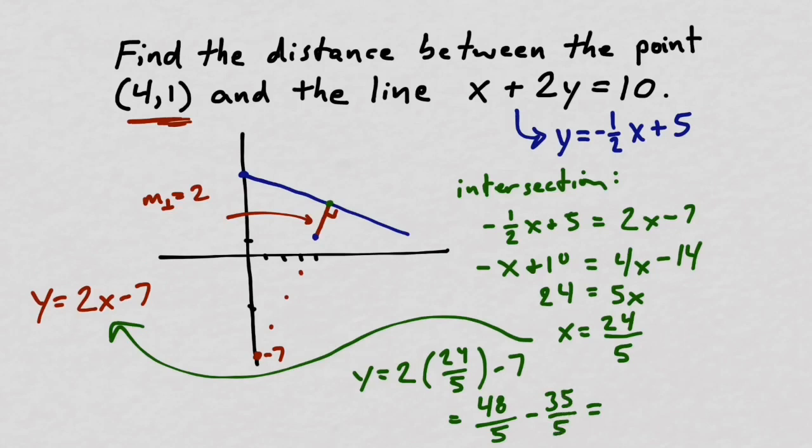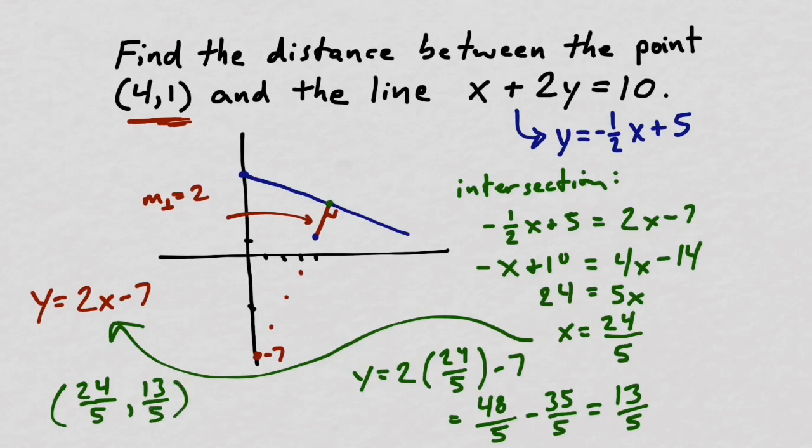And so we see that the y-coordinate is going to be 13 over 5. So the coordinates of our intersection point are a little awkward. The coordinates together are 24 over 5 for x and 13 over 5 for y.